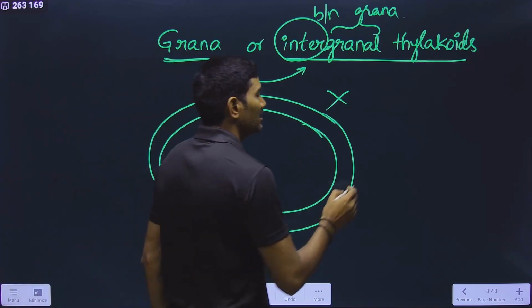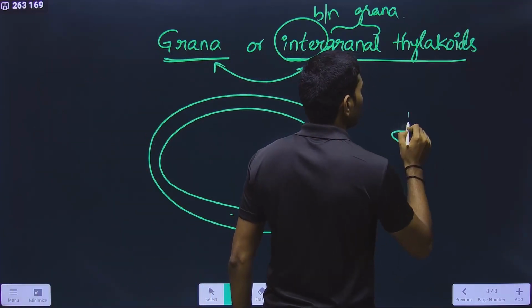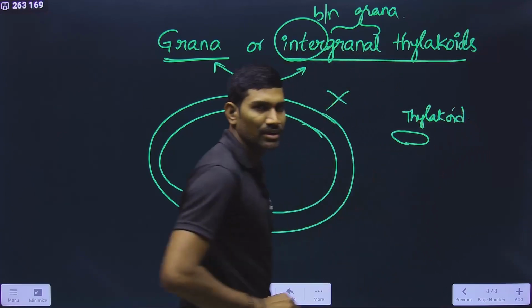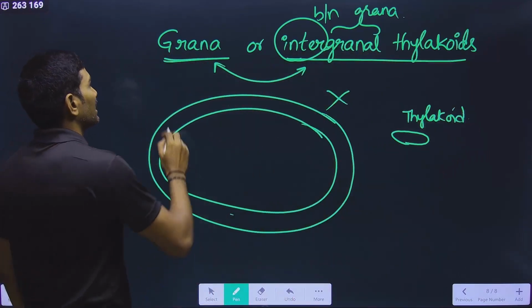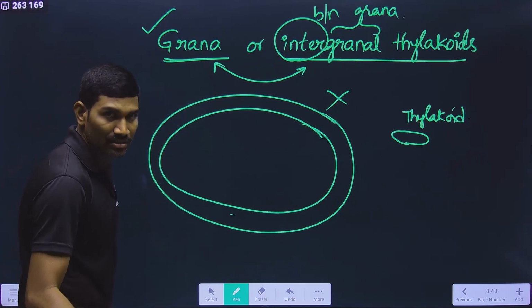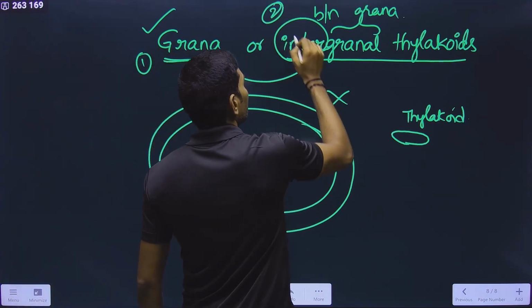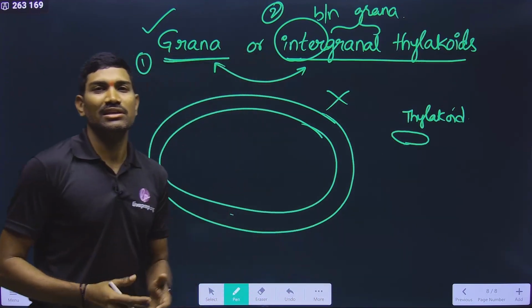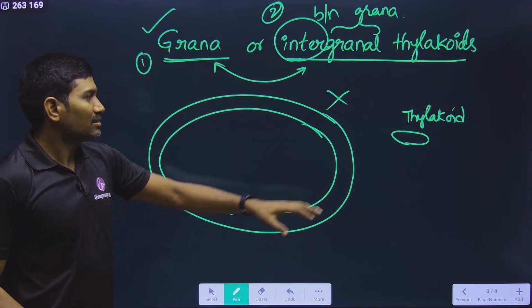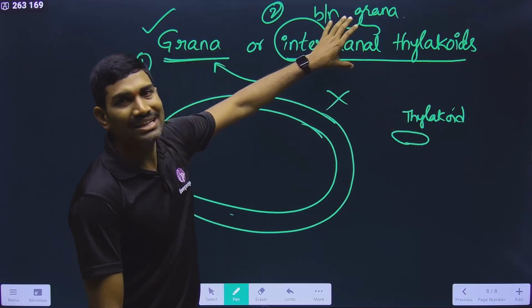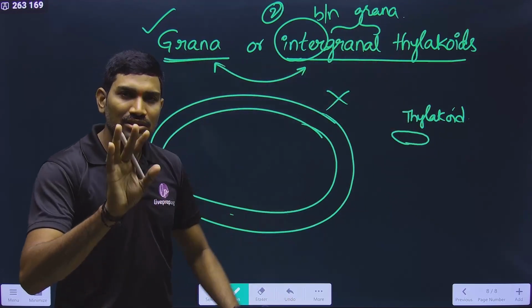These are the flat sac-like structures called thylakoids. How are thylakoids present? Thylakoids are present as grana. This is one. Or thylakoids are present as intergranal thylakoids. This is the meaning. They are two separate things. Thylakoids are present as grana, or thylakoids are present as intergranal thylakoids.